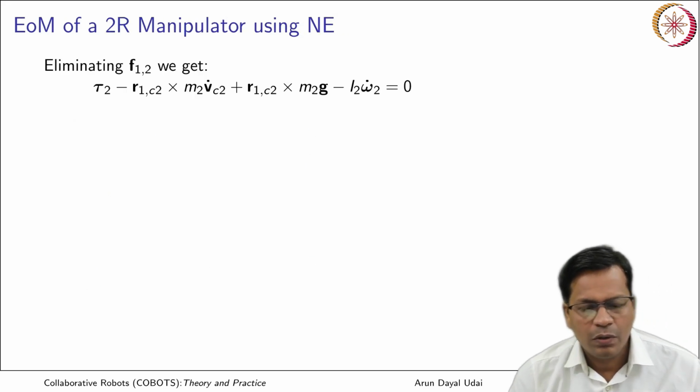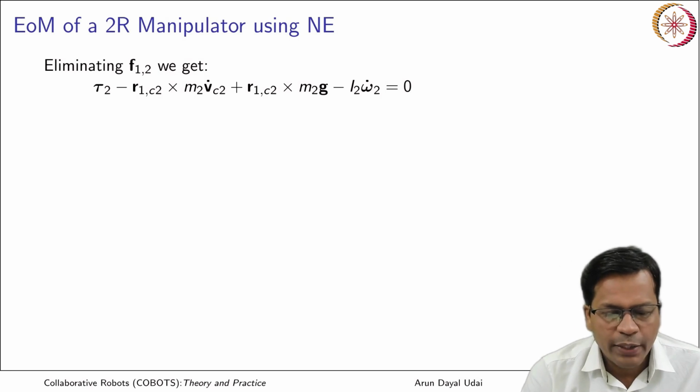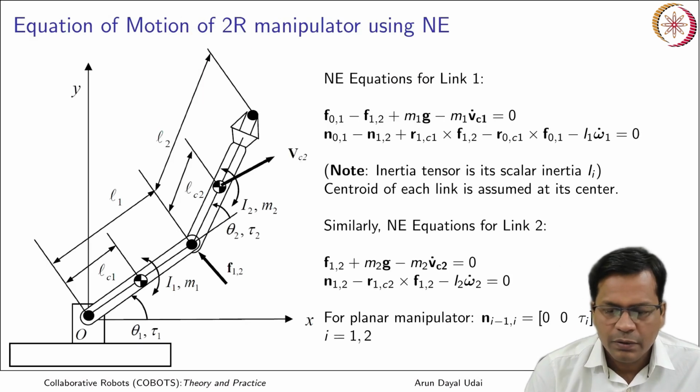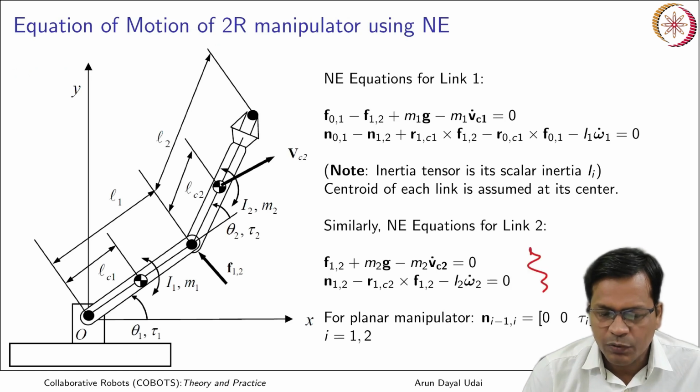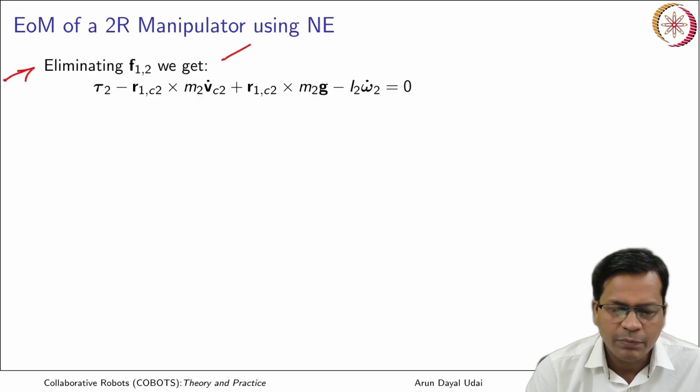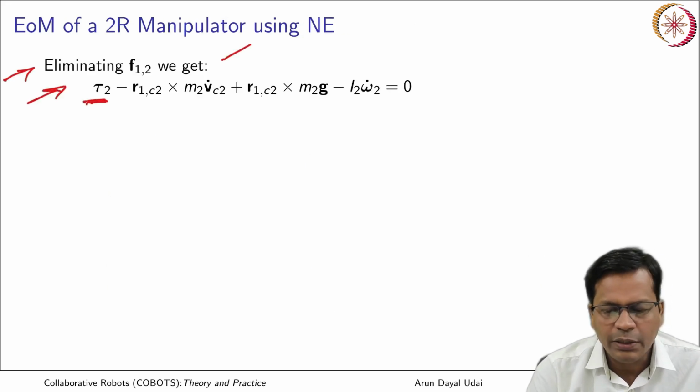Now, eliminating F12, we get this, that is from the equation pair this one. I have extracted F12 and substituted here, or otherwise both are same, and I could directly obtain tau 2.